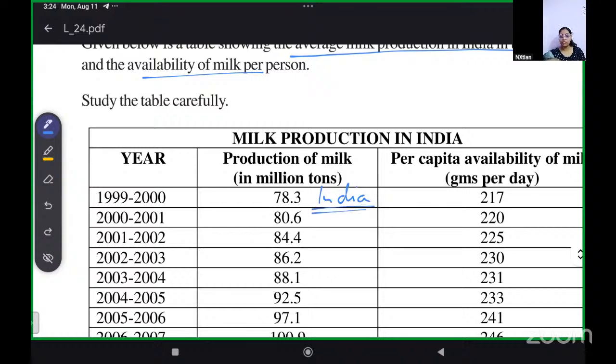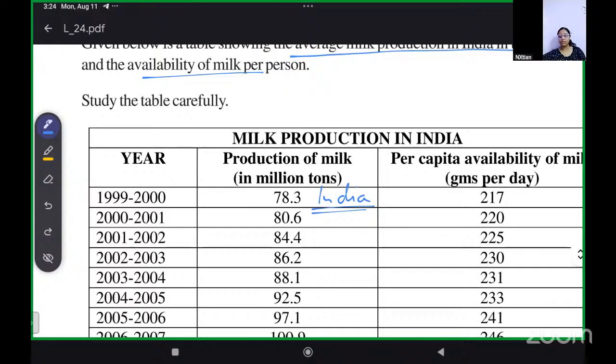Because we are talking about the entire India. We are talking about the quantity in million tons, not just liters, not just tons, not just 100,000 tons. Because India is a big country, we have a big population. So in million tons, 1999 to 2000, 78.3 million tons.